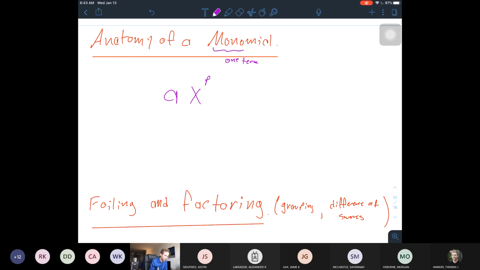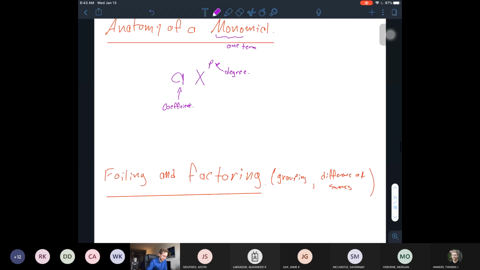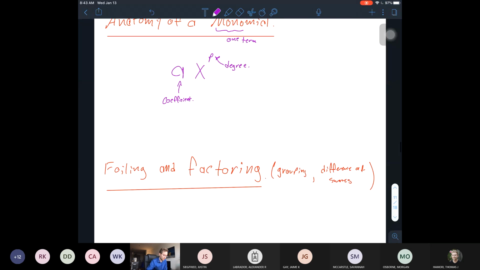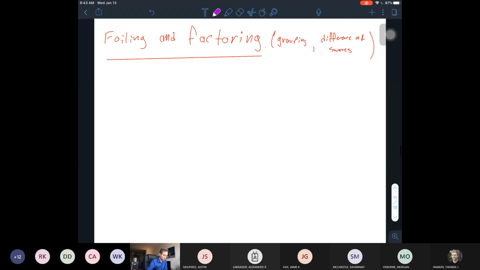So we've got some number a, which we call the coefficient, and we have some number p, which we call the degree. I guess that's the anatomy of a monomial.